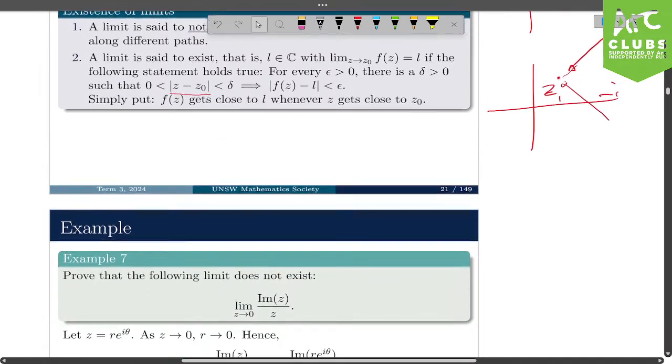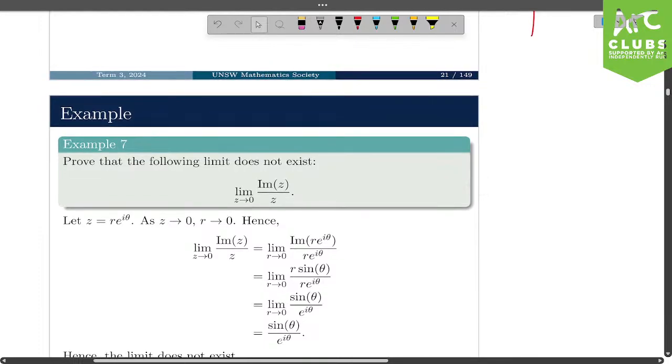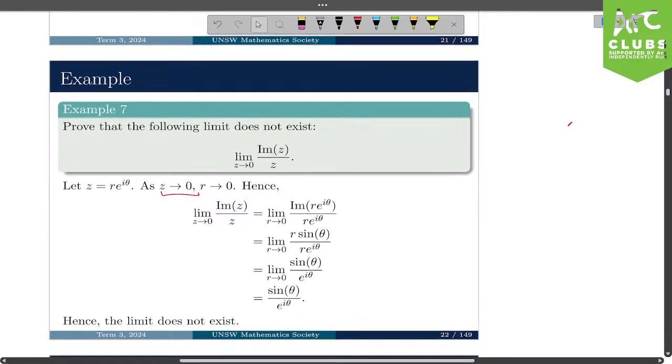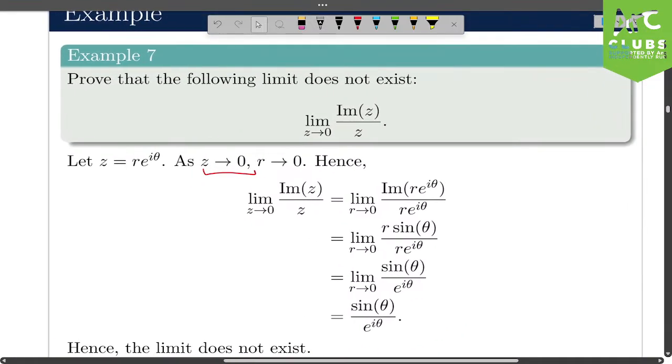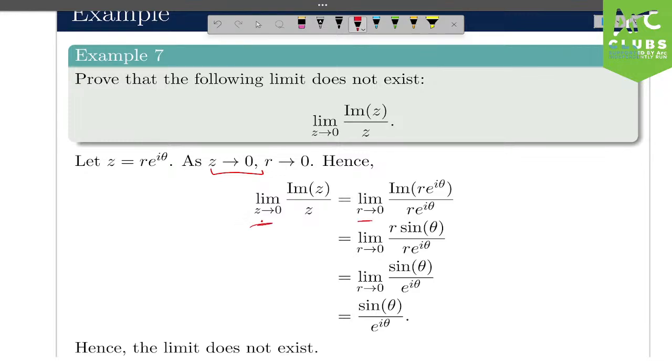Yeah. So let's look at an example. Prove that the limit doesn't exist. We note that as z approaches 0, r also approaches 0. So if the limit exists, it would be the limit as r goes to 0 of this.